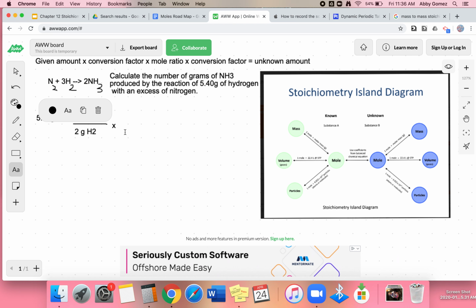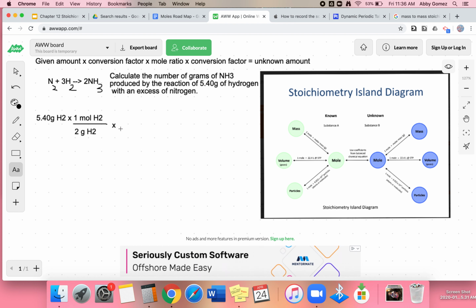We have to decide which one is going to go on top, which one's going to go on bottom, based on our units canceling, right? Units canceling. So if you look here, we want our moles of hydrogen to be diagonal for it to cancel out. So we want moles of hydrogen to be on the bottom of our next conversion factor or mole ratio, okay?